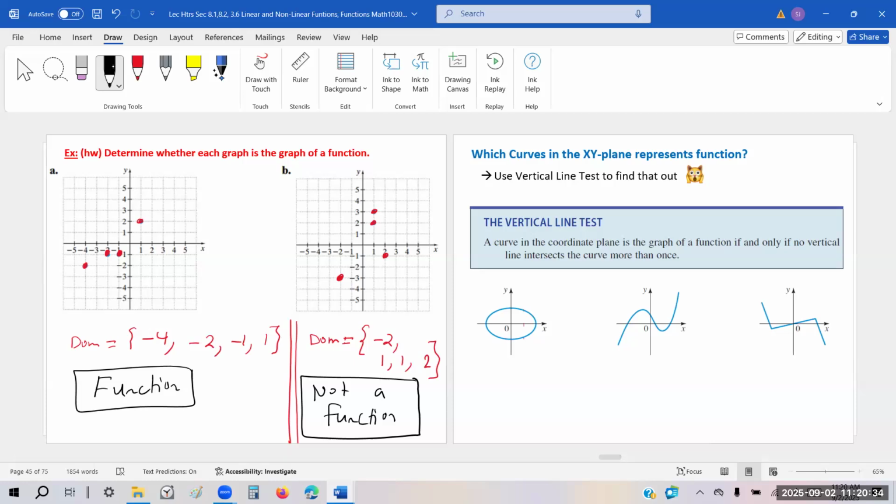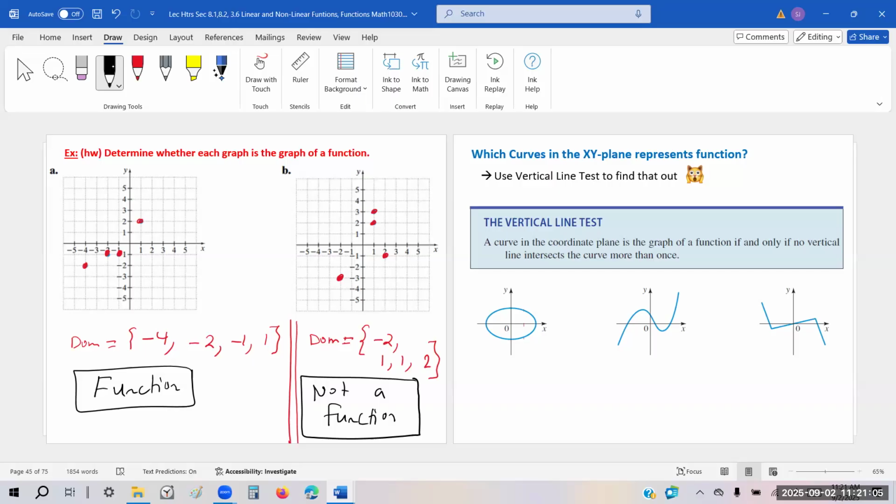What if we are given the graph? Now, just by observing the graph, how do we know whether they represent a function or not? The vertical line test. It's actually an easy one. All you have to do is draw a vertical line through your graphs anywhere. If that vertical line intersects your graph at more than 1 point, not a function.